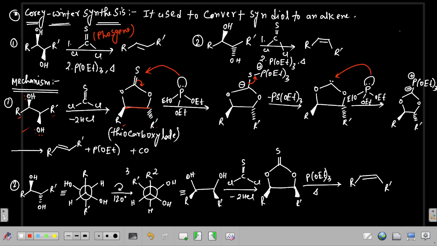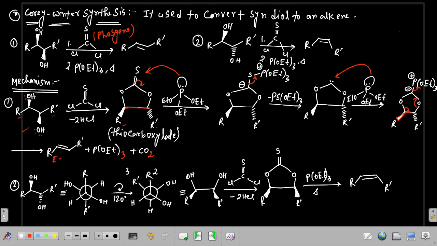This leads to the formation of this zwitterionic species. This zwitterionic species will undergo cleavage, that is, this bond will cleave, this bond will cleave, and this bond will cleave. So it leads to the formation of CO2 and P(OEt)3, and the E alkene.